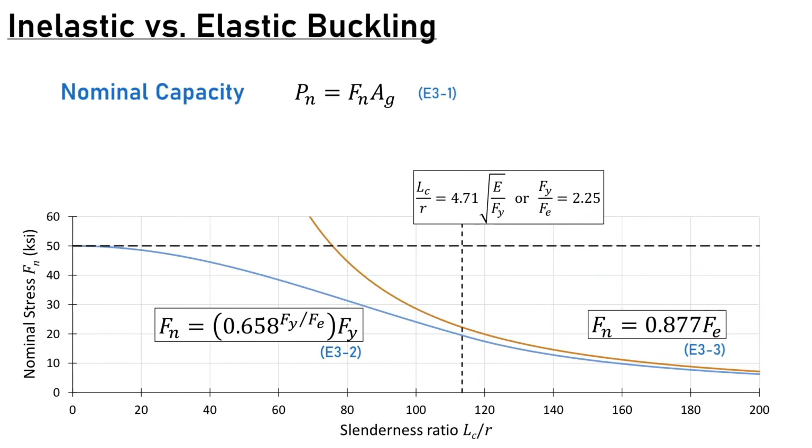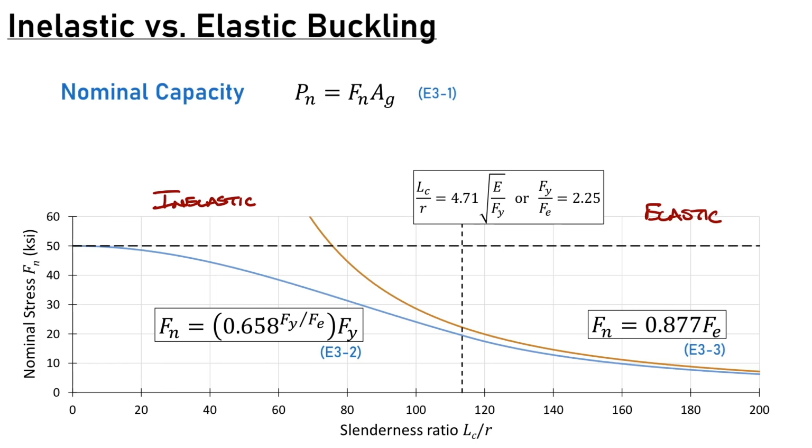So how the AISC specification deals with this is it calculates something known as a nominal stress, Fn, and it calculates this differently whether or not you're in the elastic region, which applies to very long columns or with a high slenderness ratio, versus the inelastic region, where if you have a short column, this would apply.